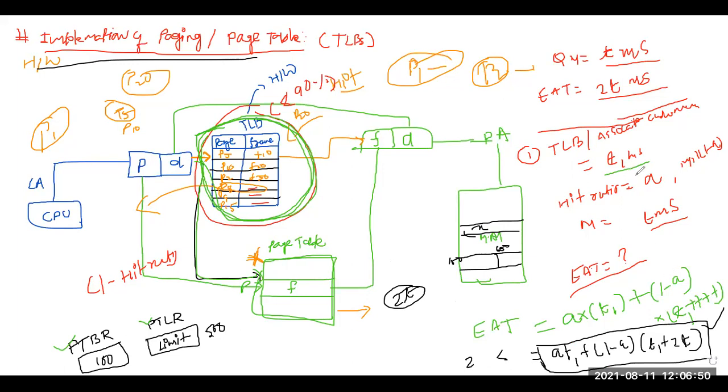What is A? A is your hit ratio, and 1 minus A is your miss ratio. What is the hit ratio? It is the percentage of time the page number will be found in the associative memory or TLB. Getting my point? Is it clear how we derived this? Any doubt?